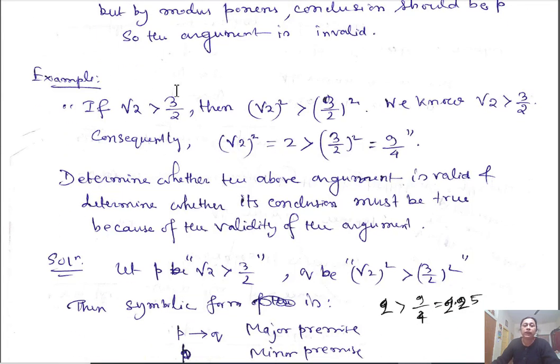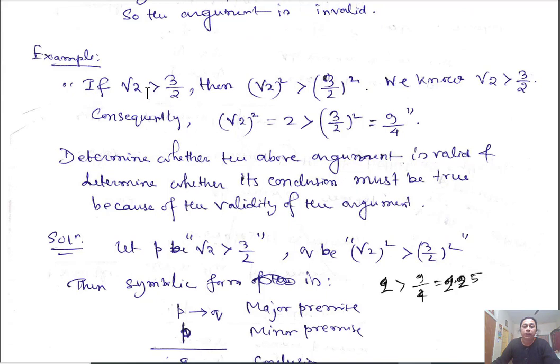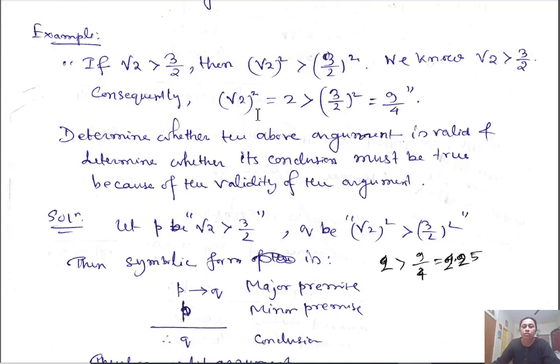Let P be the proposition root 2 is greater than 3 by 2, and Q be the proposition root 2 squared is greater than 3 by 2 squared. In symbolic form, the statement is: P implies Q, P, therefore Q.